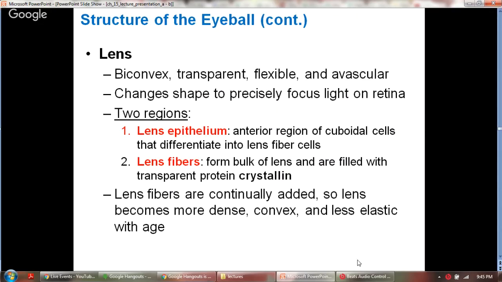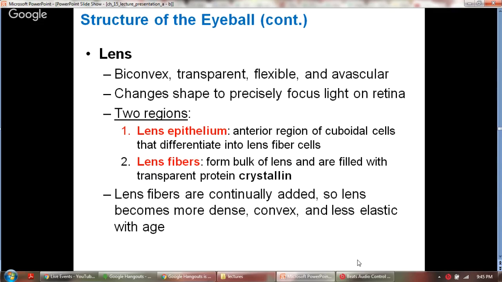The lens is another important structure of the eye, which is biconvex, transparent, flexible, and avascular. Changes to its shape happening will lead to several conditions. The lens can change its shape to precisely focus light on the retina.